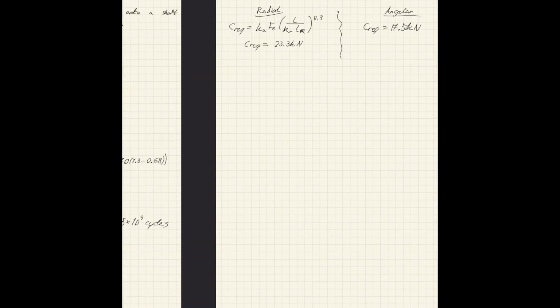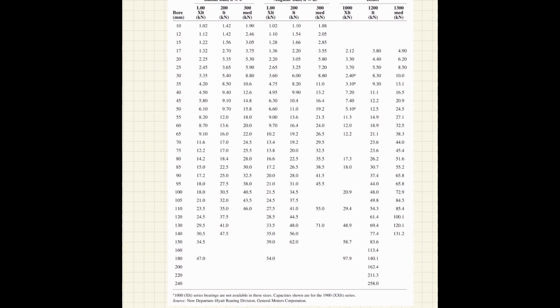Let's continue this question on radial, angular. Now we're going to find what our required loads will be. So CR, we have this equation as previously stated, and when we plug the numbers in, we get 23.3 kilonewtons for radial ball bearings. That's how much we require, and 17.5 for the other.